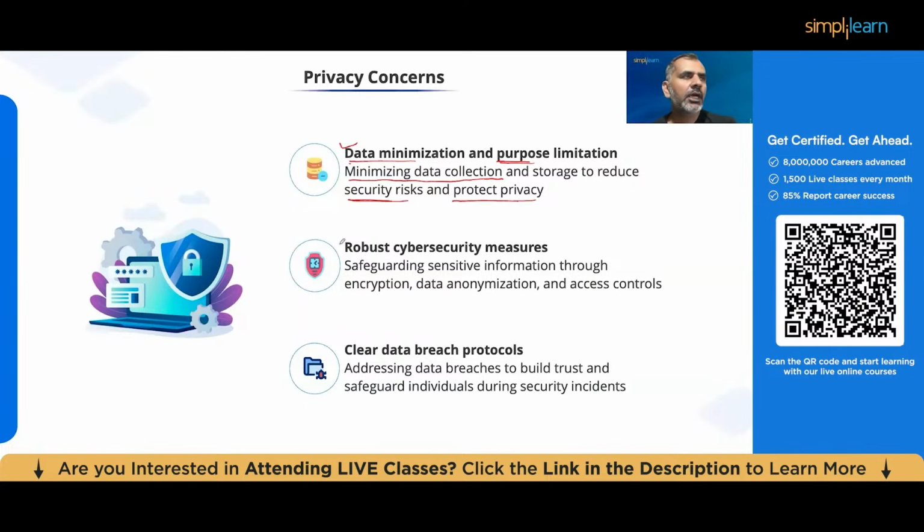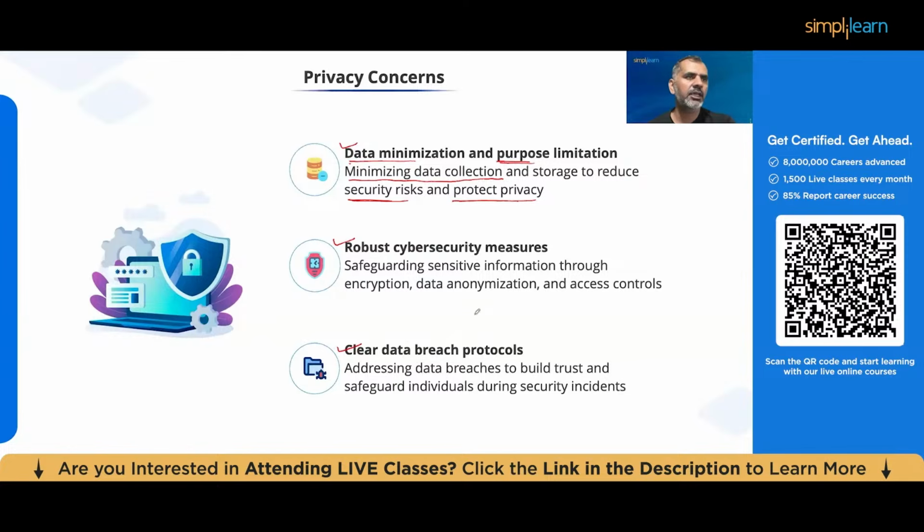The second is to ensure security in your system, you have to install some robust cybersecurity measures. So only the authorized user will get access to the data, and no unauthorized user can access it. That's another practice, but it is outside of the data collection process. This is related to the organization point of view. And there are also clear data breach protocols that should be introduced.